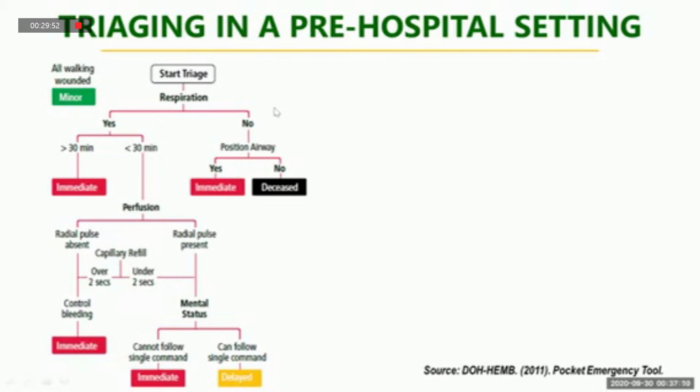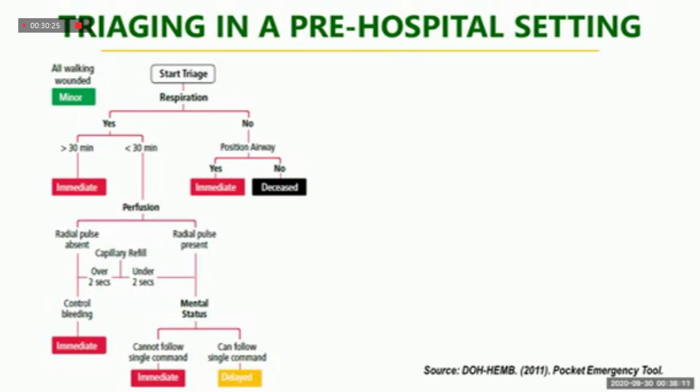So what you can do, if the patient is not breathing, is position the airway. You can do your modified jaw thrust or your head tilt chin lift. You do your head tilt chin lift if you're entertaining that there is no cervical spine injury.